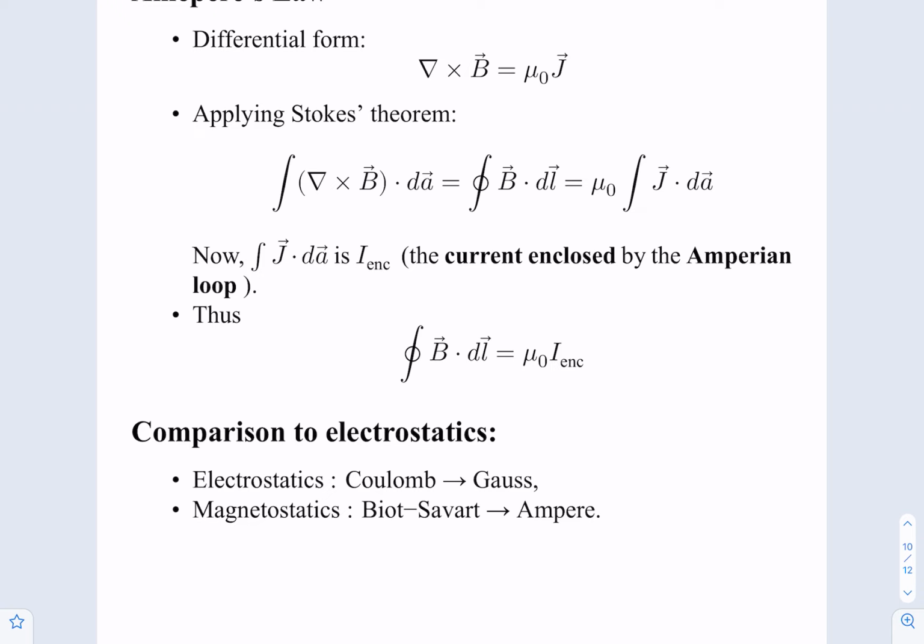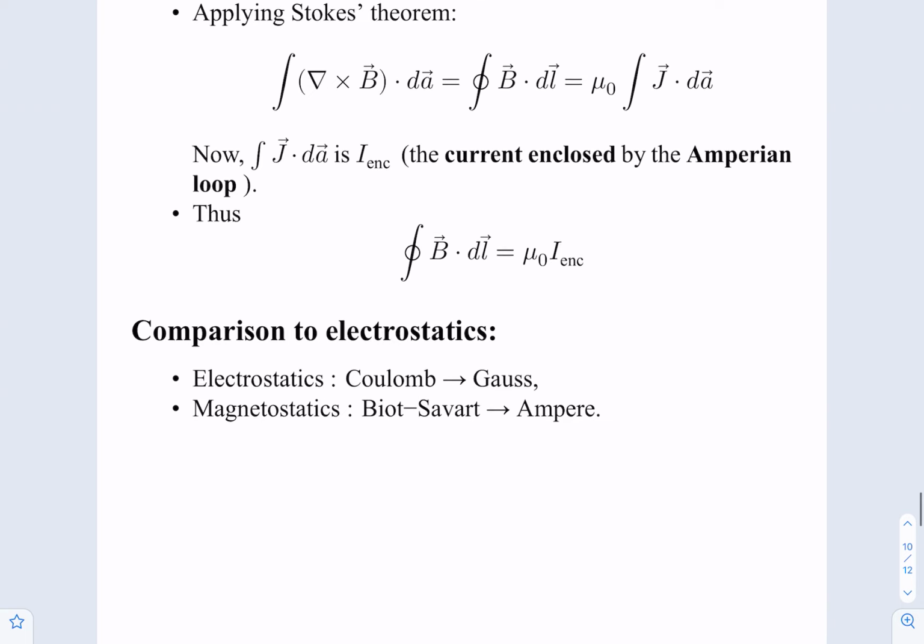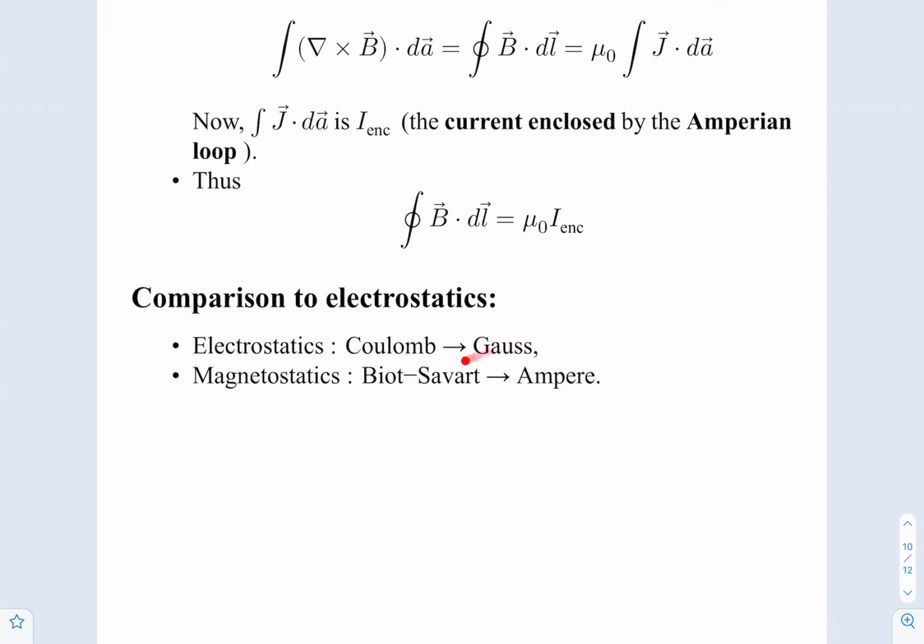The divergence of the E field is related to Gauss's law, and the curl of B is related to Ampere's law. We derived Gauss's law from Coulomb's law, and the same here, we derived Ampere's law from the Biot-Savart law. And these two are two observations, and these two are from the Maxwell's equations.